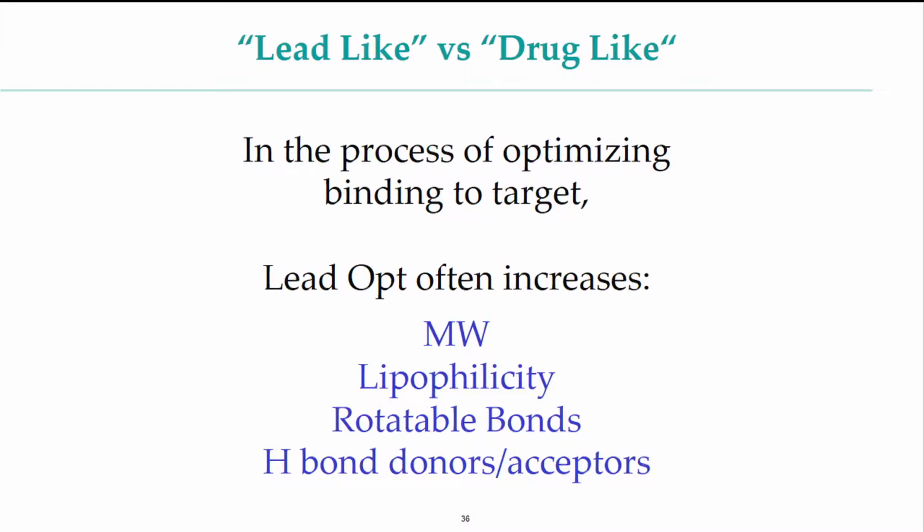So there's been a lot of work on this in the 20, 30 years since he came up with the first paper. And so one of the things that was recognized, like I said before, is that when you do lead opt to increase potency, you bulk everything up. Everything gets fatter. You add bits to the molecule here and there to fill out the active site. And so in general, your molecular weight is going to go up and your log P is going to go up.